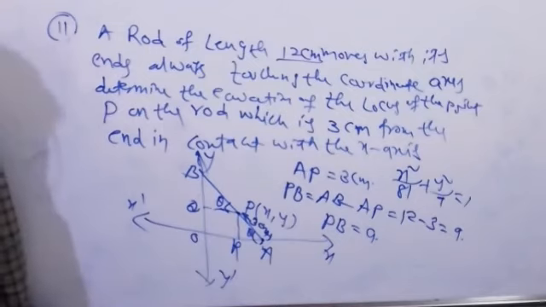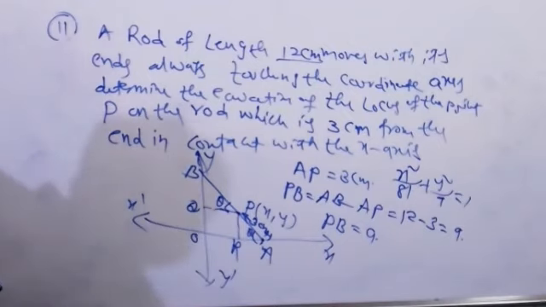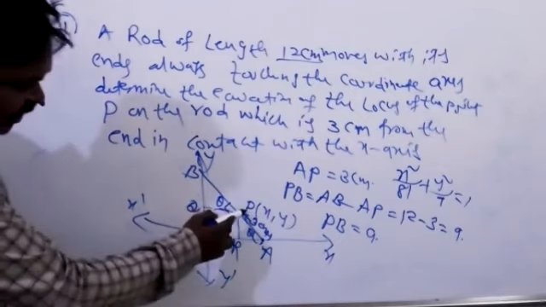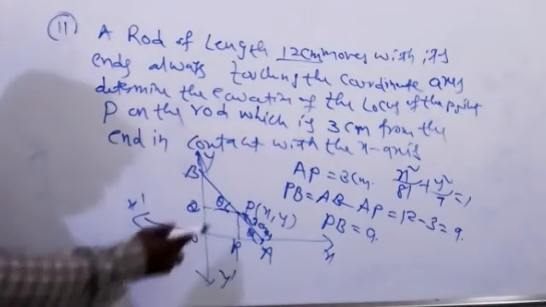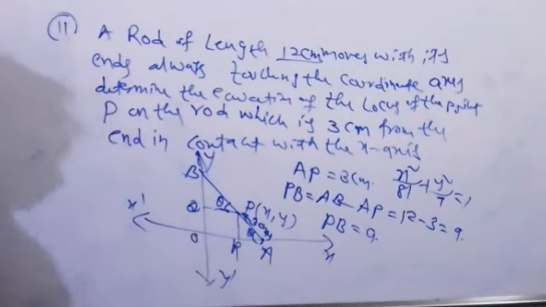P is not a fixed point in the plane. Let us take point P as fixed on the rod, but not in the plane. We have to find the equation of the locus of the point on the rod.